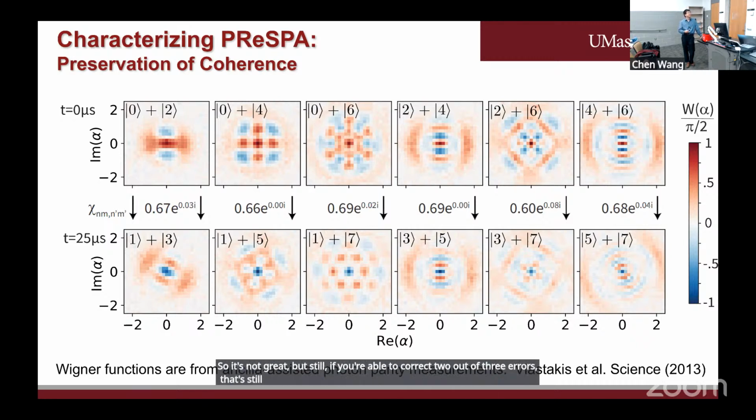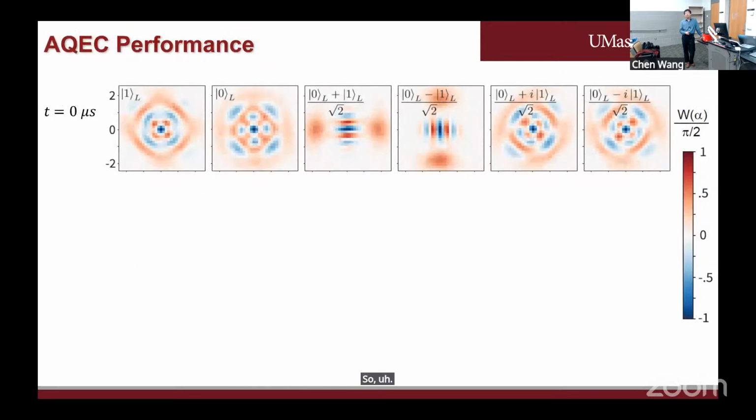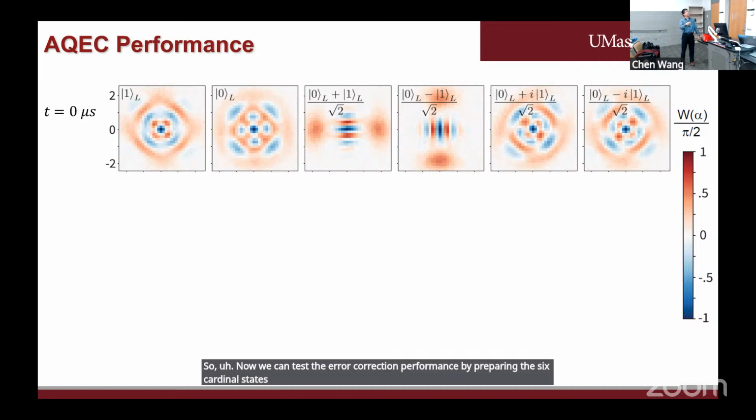So now we can test the error correction performance by preparing the 6 cardinal states of the logical Bloch sphere. These are 0, 1 logical, as well as the 4 equator states. So these are the original wave functions that we can prepare in the cavity.